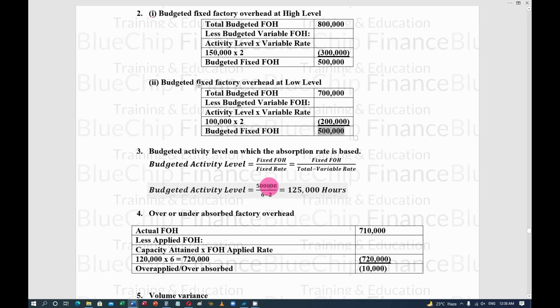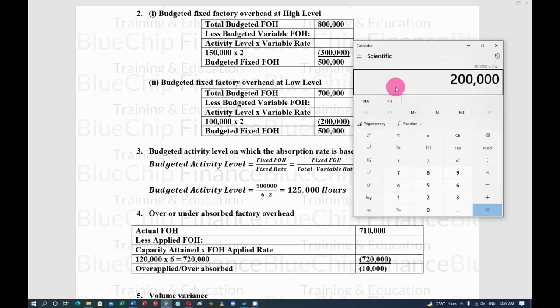What is the fixed rate? If your total FH applied rate is 6 and your variable rate is 2, then your fixed rate should be 4. So 5 lakh is your budgeted fixed FH. Your budgeted fixed FOH divided by fixed rate, that is 4, equals 125,000 hours. So 125,000 hours is the activity level at which the absorption rate is calculated.